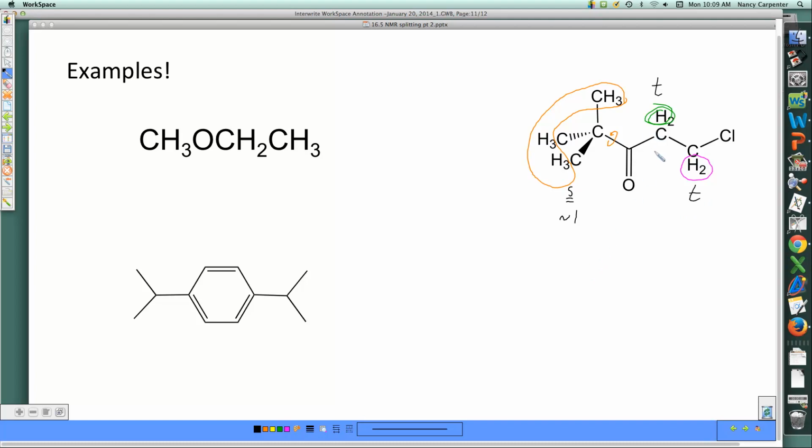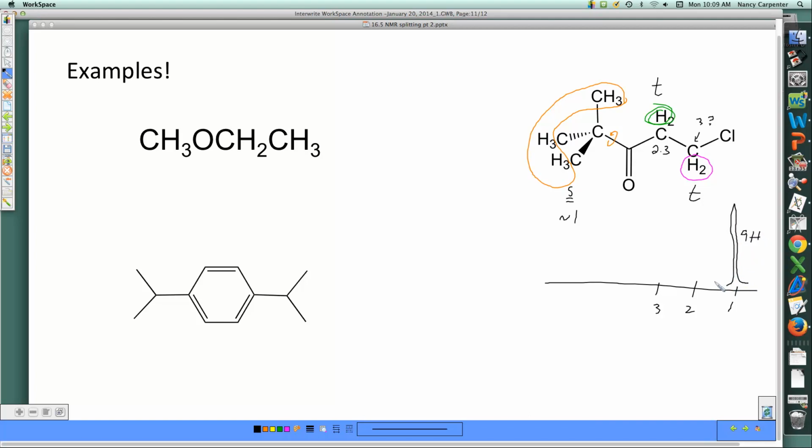What should I see? This should be around 2.3. I'm never too good with the halides. I'd have to use the correlation chart, but I'm going to guess this is around 3. Don't quote me on that. So what would the spectrum look like? Around 1 we got a humongous singlet worth 9 hydrogens.